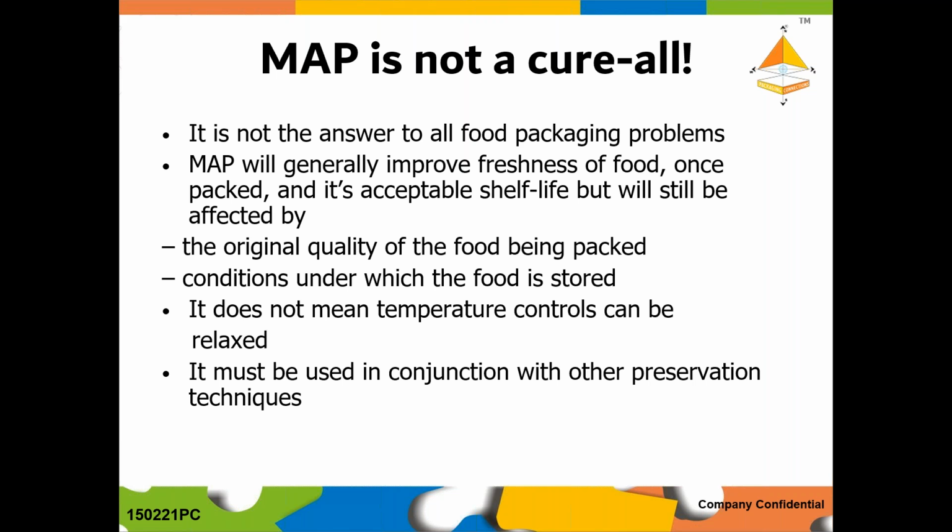MAP will generally improve freshness of food once packed, and its acceptable shelf life, but will still be affected by the original quality of the food being packed. So if the original quality is not good, MAP cannot do anything. Also, under which conditions the food has been stored.